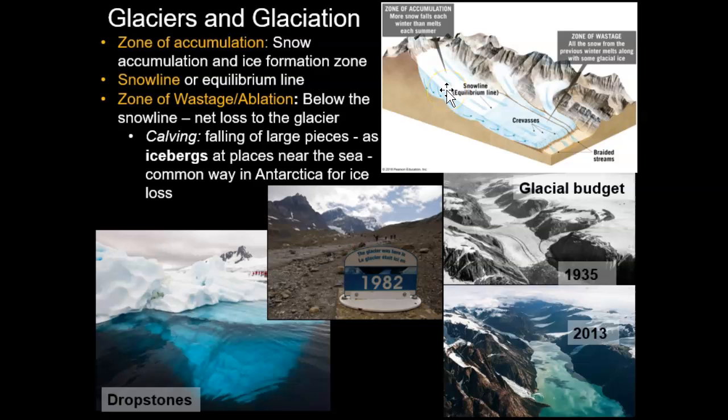This zone's outer limits are defined by the snow line, or the equilibrium line, as it is sometimes called. The snow line is where the accumulation and the wasting of the glacier are going to be equal. The snow line varies greatly with elevation, latitude, snowfall, and seasonality.